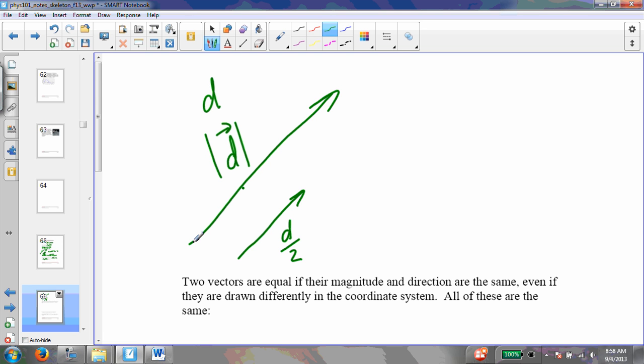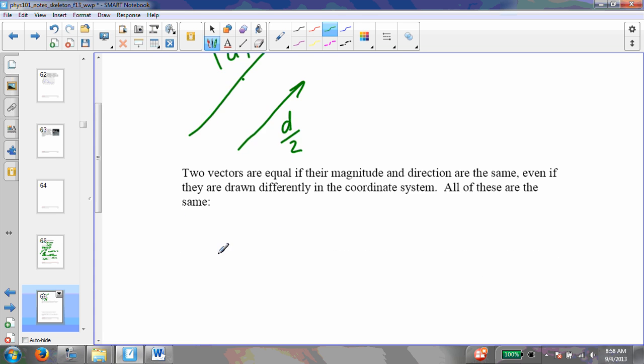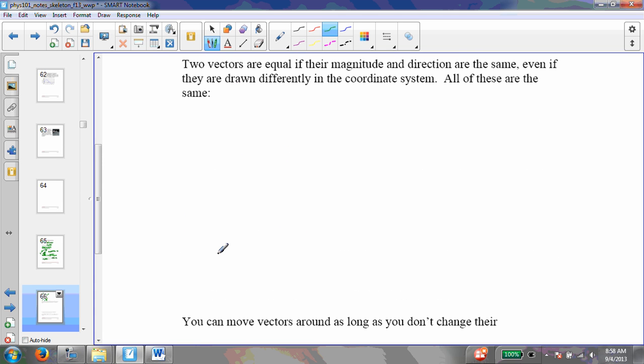Right? All right, so two vectors equal in magnitude and direction are the same, even if they're drawn differently in the coordinate system. So for example, let's say that I have a vector that has that magnitude and that direction. That vector I can move around all that I want. So that vector and this vector are exactly the same. They have the same magnitude and direction.